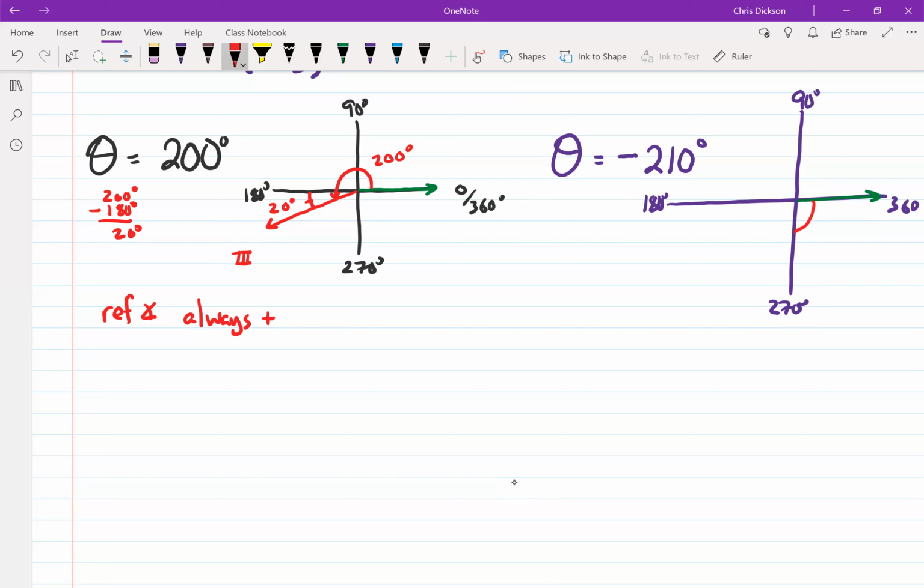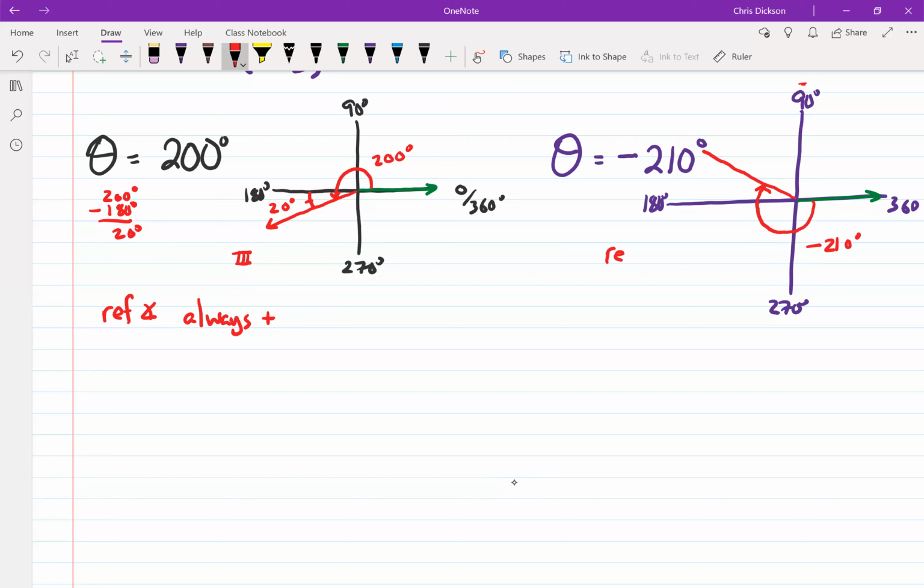And of course, that would be negative 90. That would be negative 180. And if I went all the way up to where it says 90 here, that actually would be negative 270. So my angle must stay somewhere in quadrant number 2. Okay, so that is negative 210 degrees approximately.